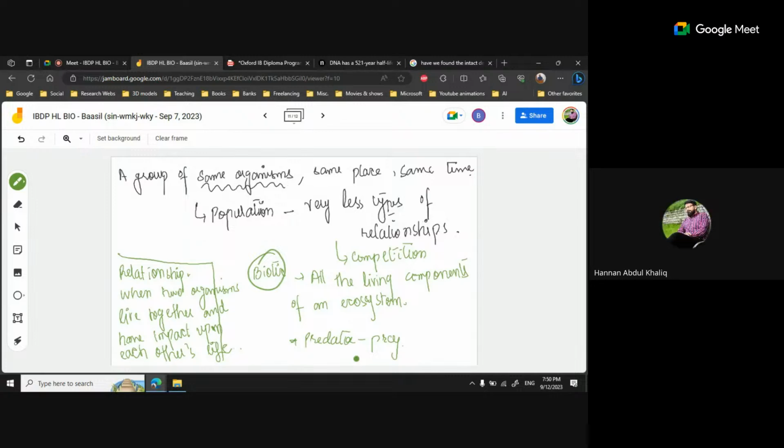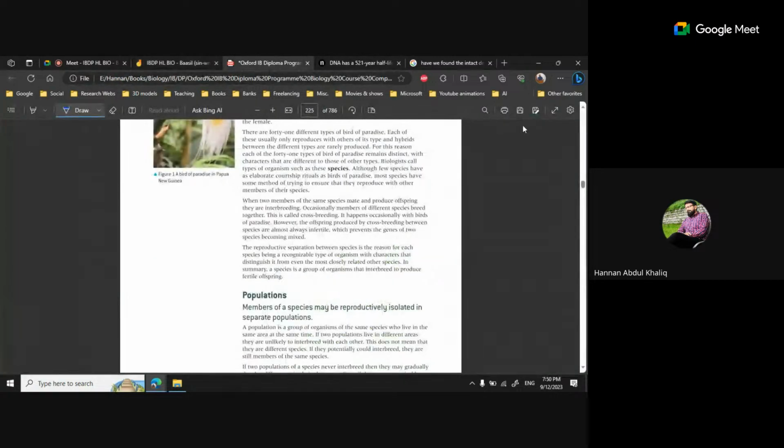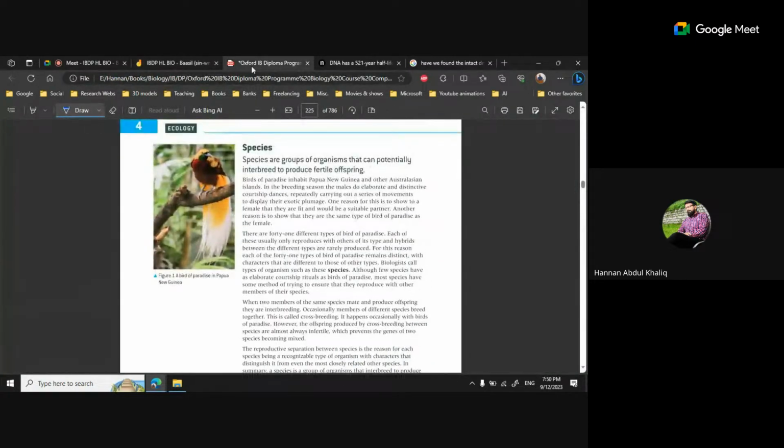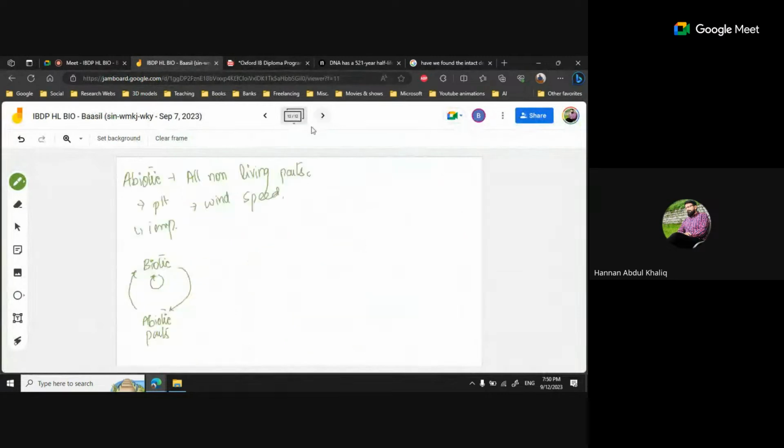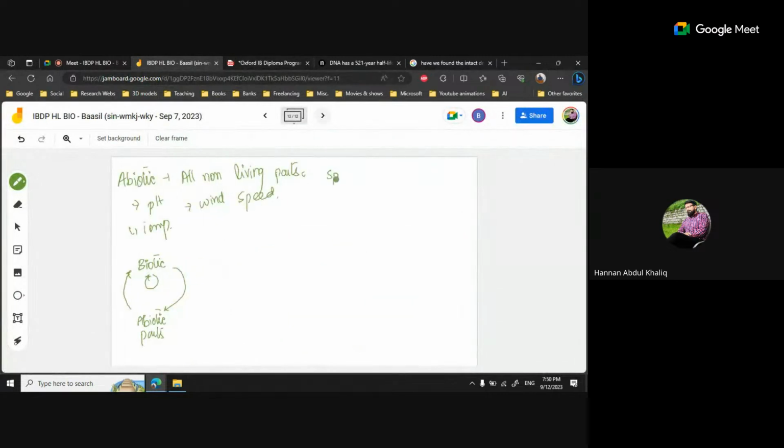Now, you may feel that the very first thing that has been discussed in this chapter is the species. Why? Because species is the smallest group, a small group of organisms. So first of all, we need to understand the species.